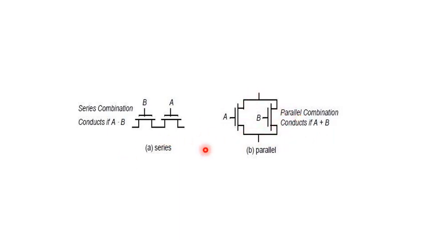Both are NMOS circuits. If we use PMOS, the AND operation is a parallel connection, and for the OR operation the PMOS circuit is connected in series, as shown in the figure.